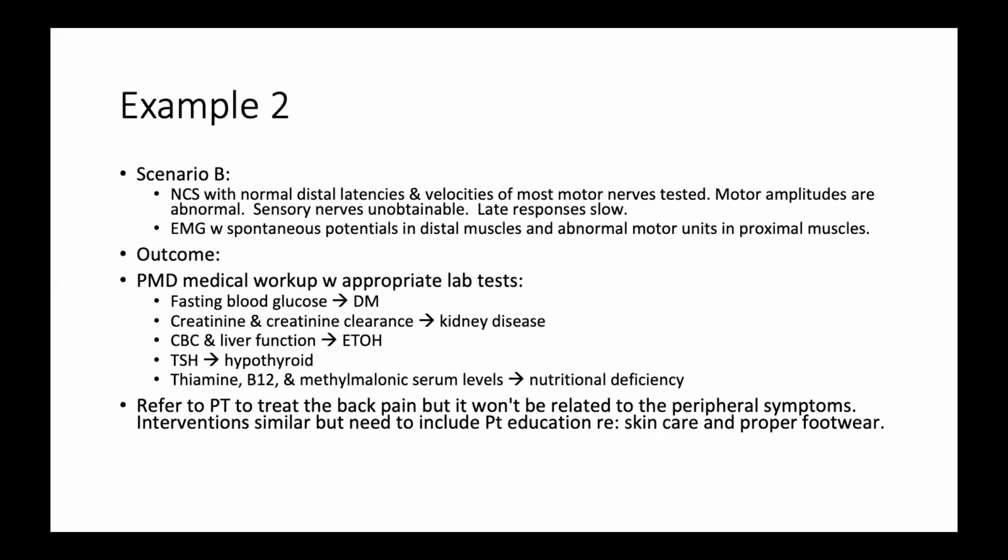It is possible to rule in a spine problem in the presence of a polyneuropathy, but it's very tricky. The findings need to be worse in one particular area of the spine versus the other areas. For example, to rule in a radiculopathy at the S1 level in the presence of a polyneuropathy, the S1 muscles would need to be more abnormal.